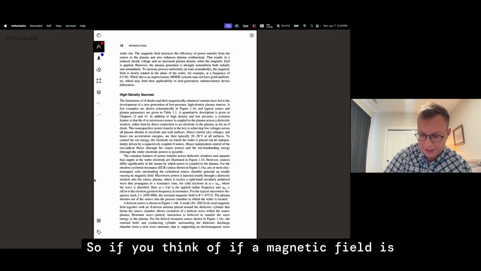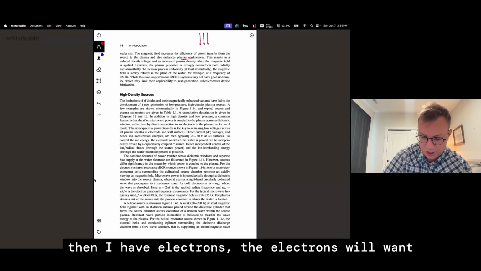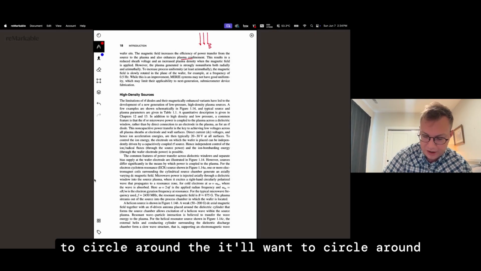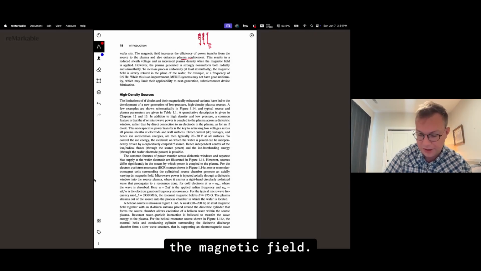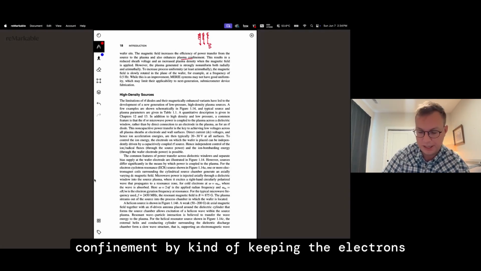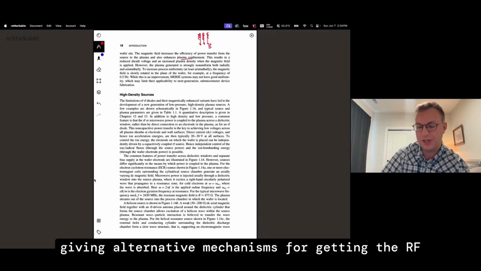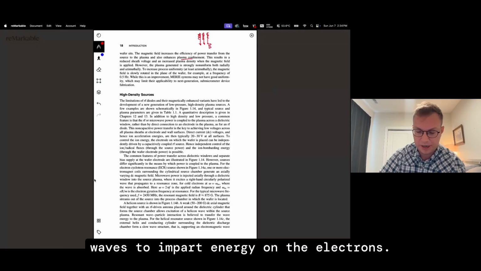So if you think of a magnetic field pointing this way, so that's my B field, and then I have electrons, the electrons will want to circle around the magnetic field. So applying the magnetic field can help with confinement by keeping the electrons bottled in, but it can also help by giving alternative mechanisms for getting the RF waves to impart energy on the electrons.